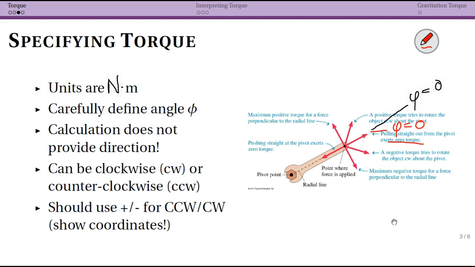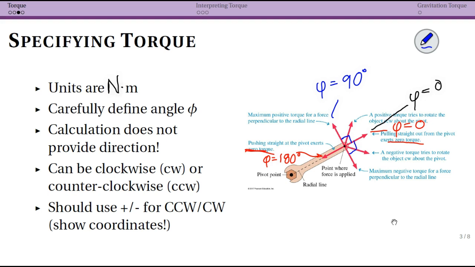Sine of 0 is 0. On the other hand, this one is 90 degrees, and this is actually maximum because sine of 90 is 1. This we would call an angle of 180 degrees, and sine of 180 is also 0, so this is again 0 torque.